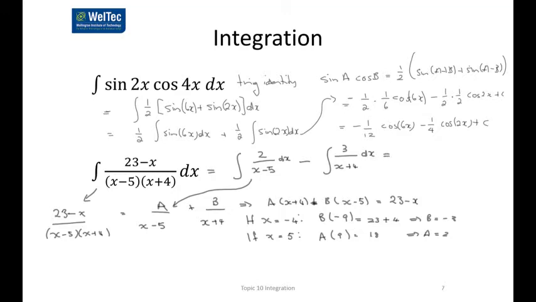It's 2 times natural log of x minus 5, just from the table, minus 3 times natural log of x plus 4 plus c. Don't forget plus c.